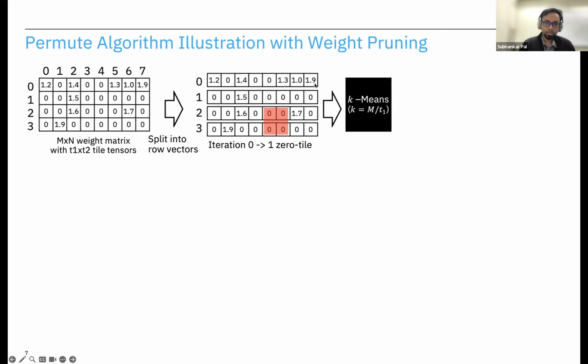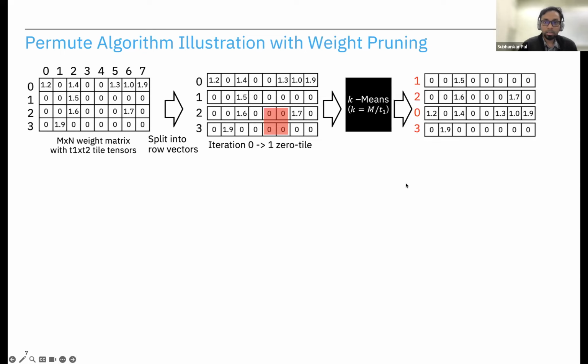So we treat each row as a vector to feed into the k-means algorithm with k set to m over t1, which is the height of the matrix over the height of the tiles. After the k-means, we get a shuffled set of data points. It's really clustering, trying to get all the zeros together at a high level.